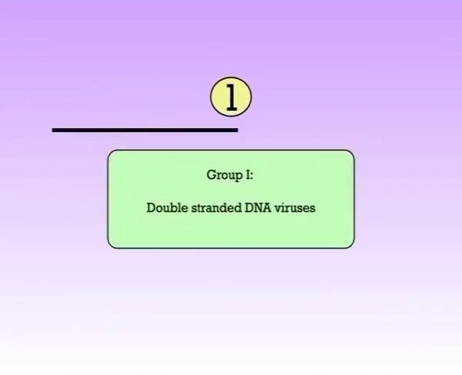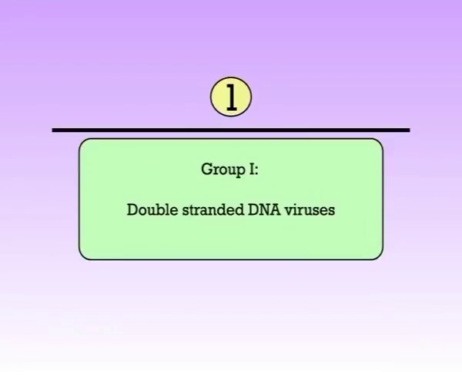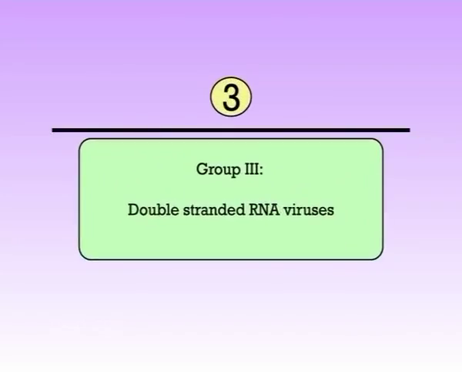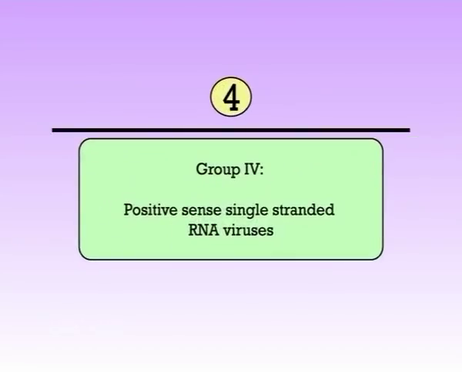The first one is Group 1, which consists of double-stranded DNA viruses. Group 2 consists of single-stranded DNA viruses. Group 3 contains double-stranded RNA viruses. Group 4 contains positive-sense single-stranded RNA viruses.